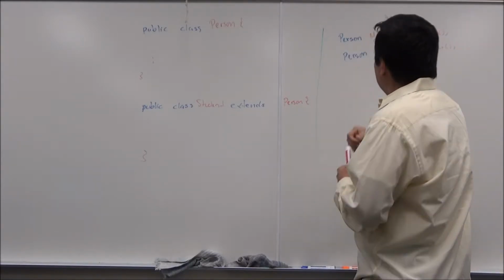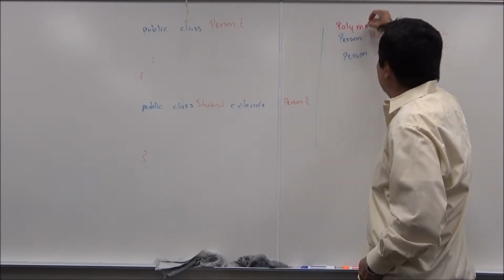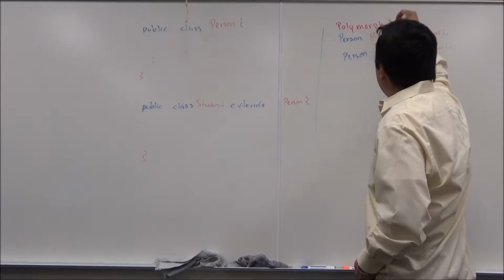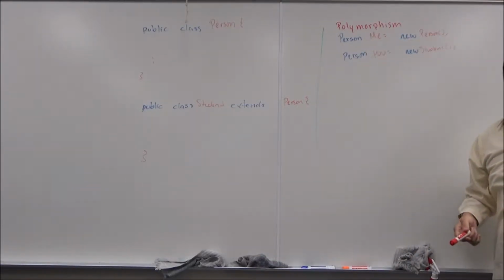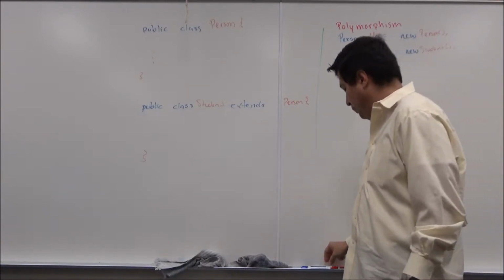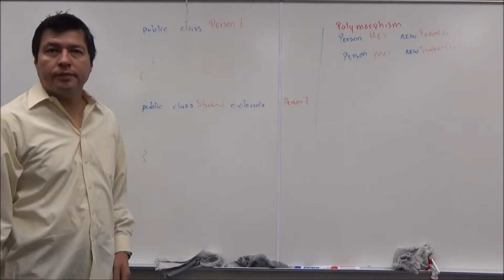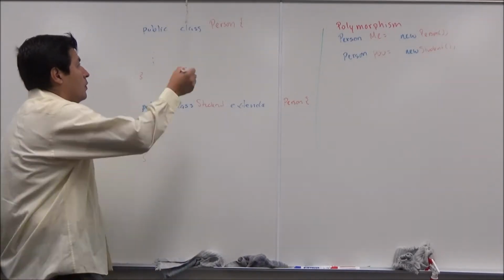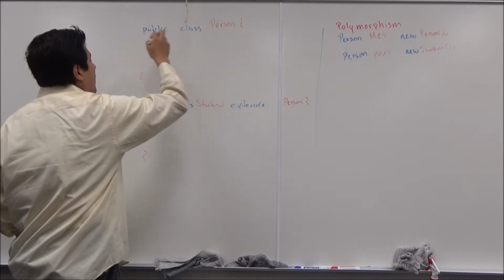So when you can do this stuff, we call it polymorphism. All it is, I can declare the parent and instantiate the child.